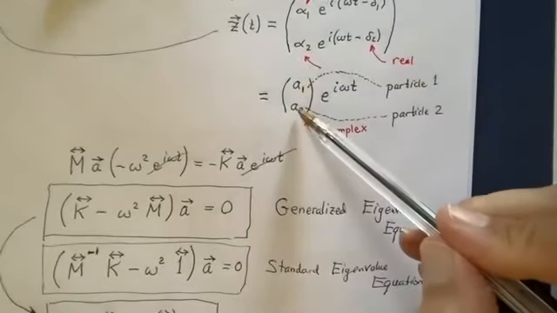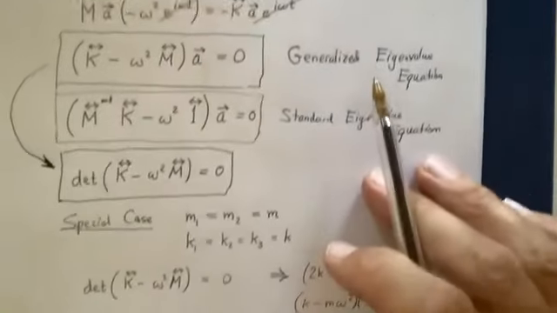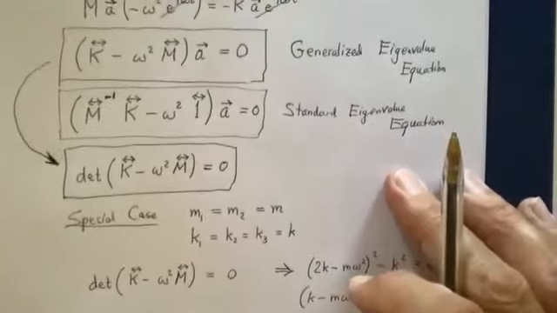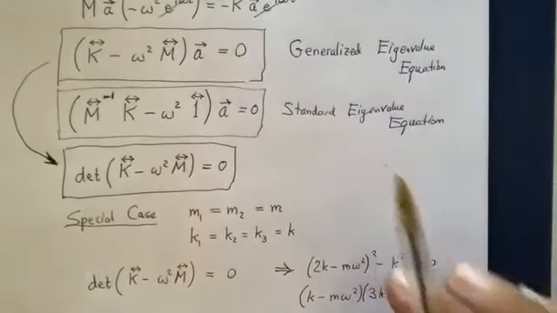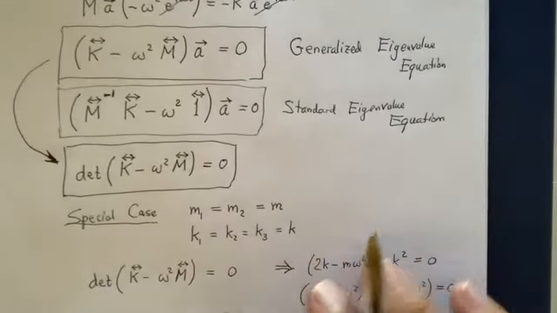This is the complex amplitude for particle number 2, right? So you see the danger with this notation. We have an omega 1, we have an omega 2. It's natural to call the vectors that go along with the omegas A1 and A2, but that would cause an international incident. So we want to have great clarity in the communication.